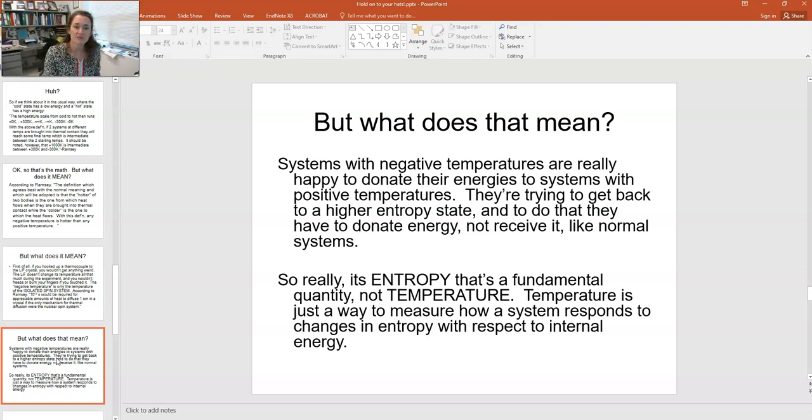They're trying to get back to a higher entropy state, and to do that, they have to donate energy, not receive it like normal systems. So, yet again, the entropy is really the fundamental quantity here, not the temperature. Temperature is just a way to measure how a system responds to changes in entropy with respect to internal energy. And that was really getting at the root of the true definition of temperature.